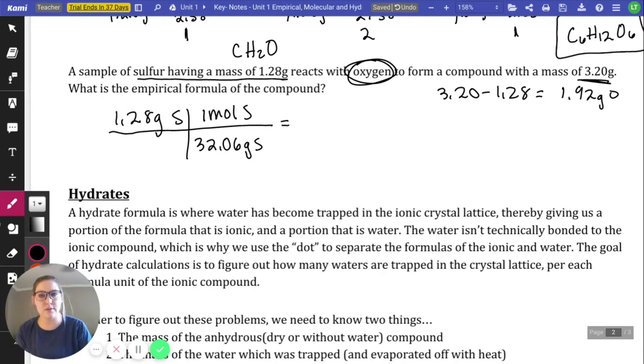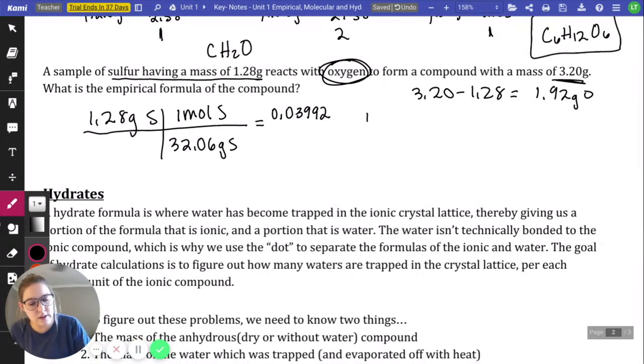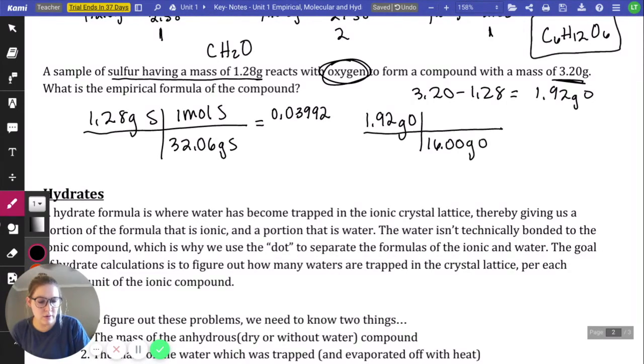And I got, when I plugged that in, a real small number, 0.03992. And then my mass of oxygen is 1.92 grams of oxygen. Oxygen's mass is 16.0. It's 1 mole of oxygen. And so I got 0.12 there.